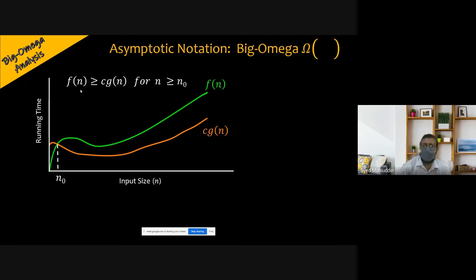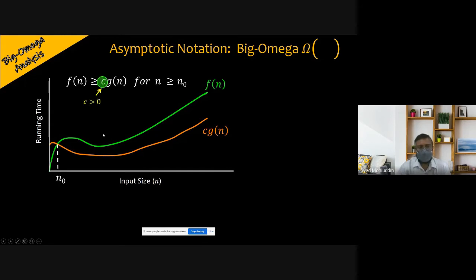So big omega notation says that there is a function f of n which is always greater than or equal to some constant c times g of n, for some n greater than n0. Even here, c is a constant and it should be greater than 0.